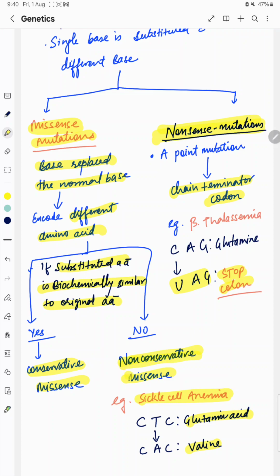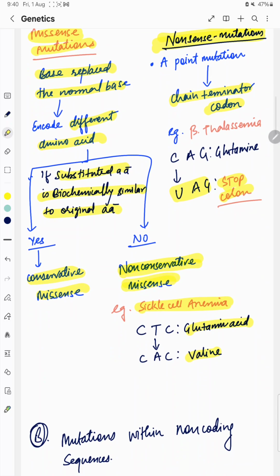as a non-conservative missense point mutation, which is seen in sickle cell anemia, in which thymine is replaced by adenine and glutamic acid is replaced by valine.